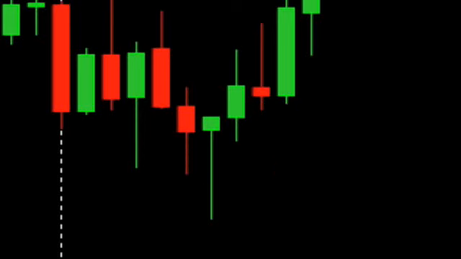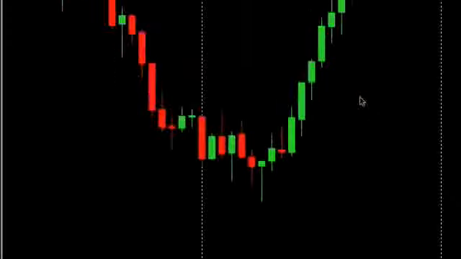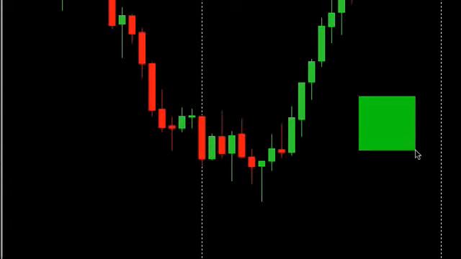Now the definition of a hammer is that for any candlestick, we have got tails and we've got a body. The body can be of any size, and typically what I find to be very good hammers are more of a square block. It doesn't have to be.